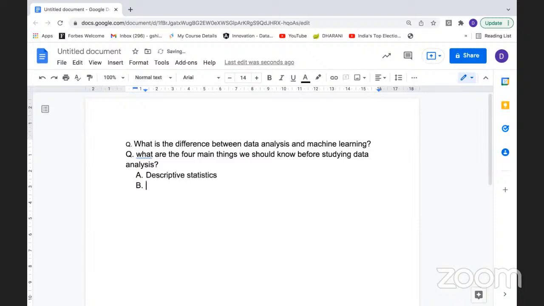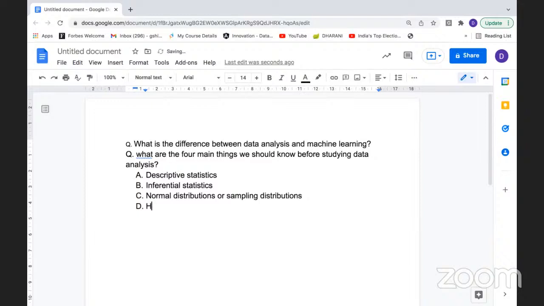descriptive statistics. Second concept here is inferential statistics. Third is normal distributions or sampling distributions.